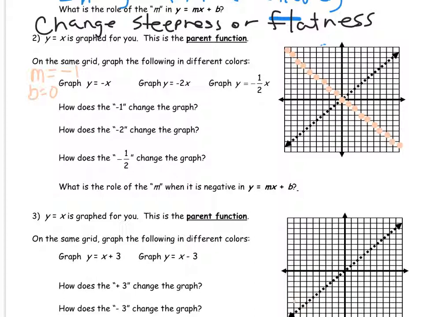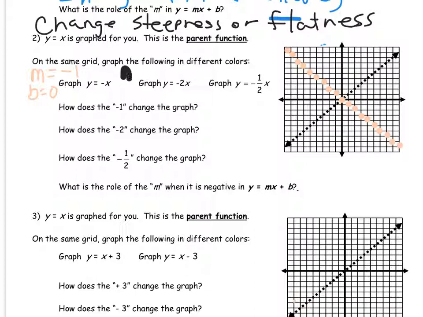Notice the difference between my parent function, y equals x, and this function, y equals -x. They have the exact same slope, except that one is a +1 slope and one is a -1 slope. But they're the same up 1 over 1 ratio. Okay, so now let's look at graphing y equals -2x.